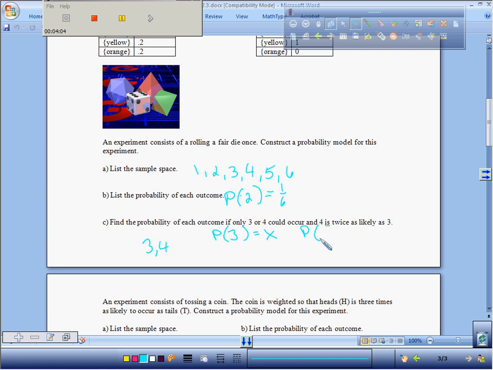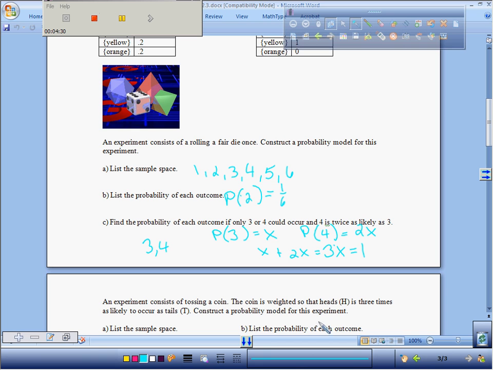This is the easiest way to do it, I think, rather than try to do it in your head. So the probability of getting a 3 is x. What would be the probability of getting a 4 if it's twice as likely? 2x. Now, what do you know about x plus 2x? They add up to 3x, but what do those two have to add up to? 1, right? 3x equals 1.